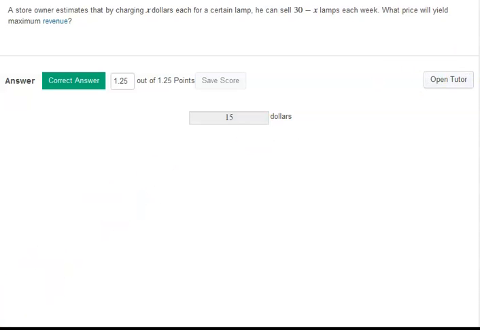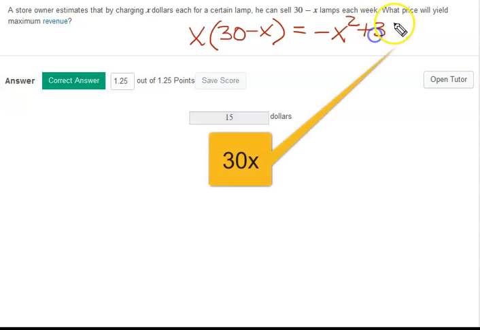Now, if you're doing this cold without lessons prior to this, it would be a challenge, but we know the protocol for this is just to multiply these. And we get then, I'll put this x value first here, negative x squared plus 30x, and we know that's going to equal 0. And now we want to find the vertex of this.